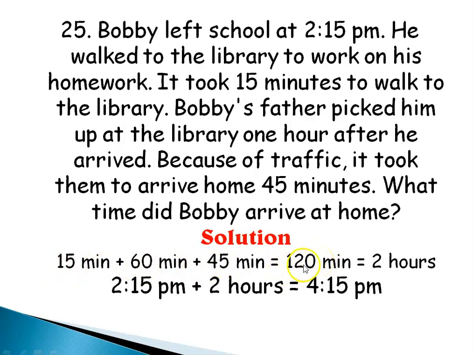So I'm going to change this to hours. I'll divide it by 60 because 60 minutes makes 1 hour. So 120 divided by 60 will give me 2 hours. So that is the total time spent. So I'll just add 2 hours to 2:15, and that will give me 4:15 p.m. Is that taken? So this is the time Bobby arrived home.